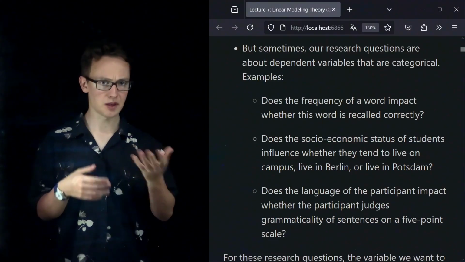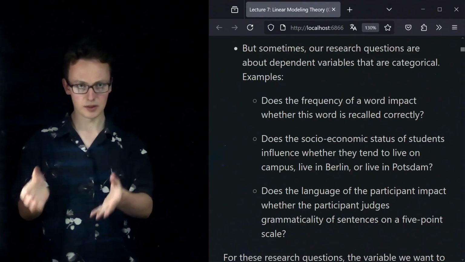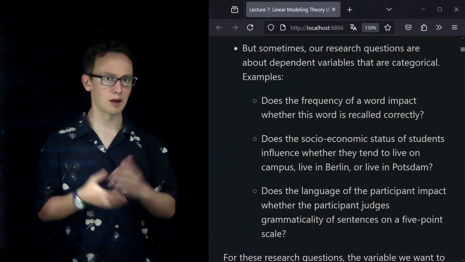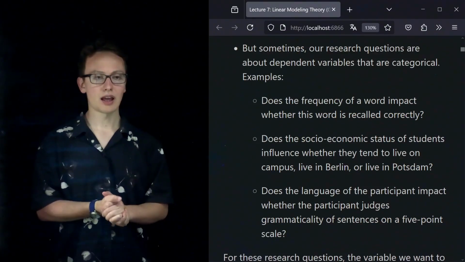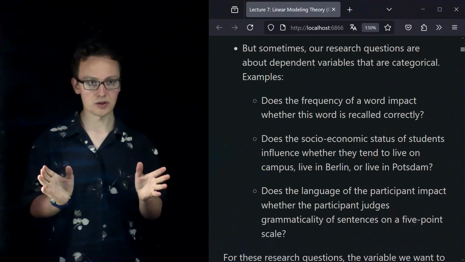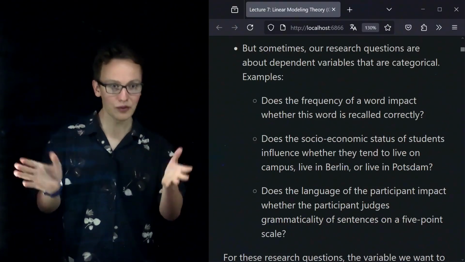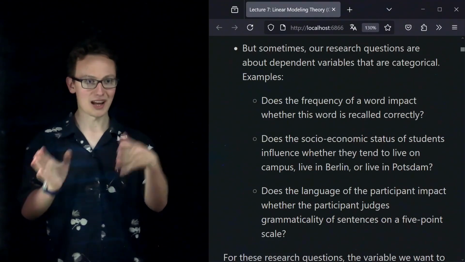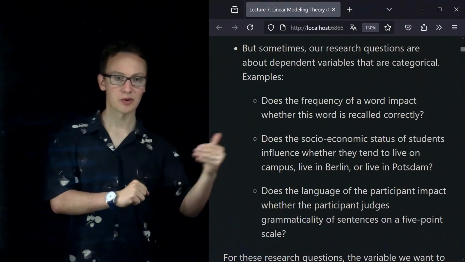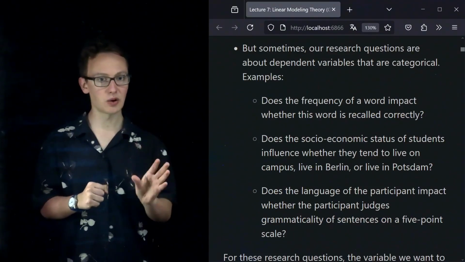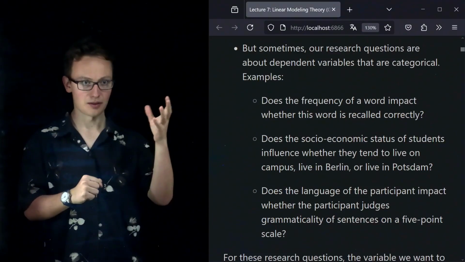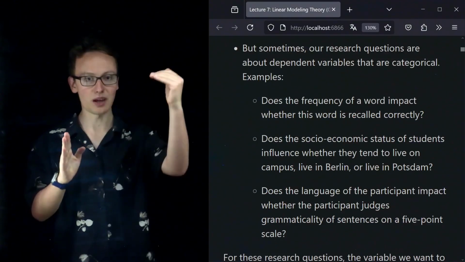And then you might have some information about the words that you included in your experiment as well. You might, for example, track their frequency overall in language. And say your research question was whether the frequency of a word has an impact on how likely it is to be recalled correctly. In that case, you would have a dependent variable, which is categorical, because it is the recall, which can be either correct or incorrect.